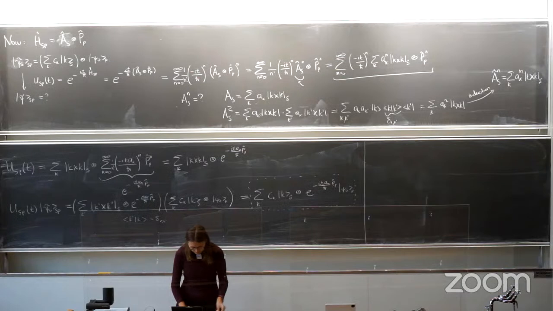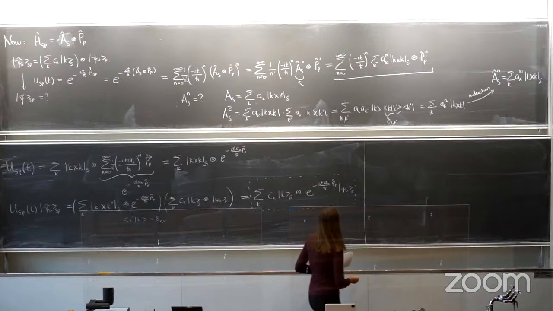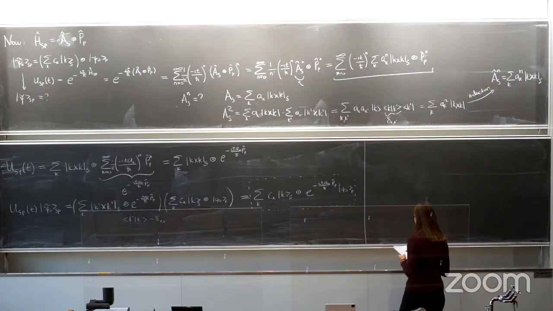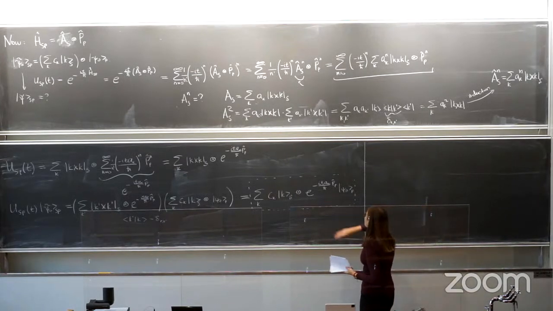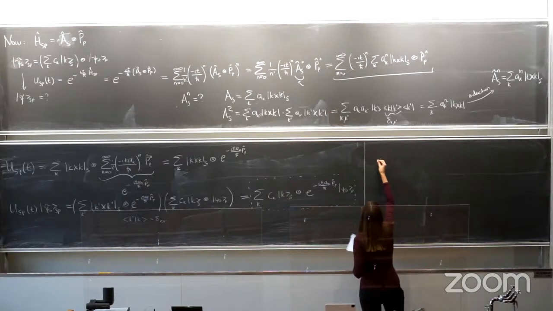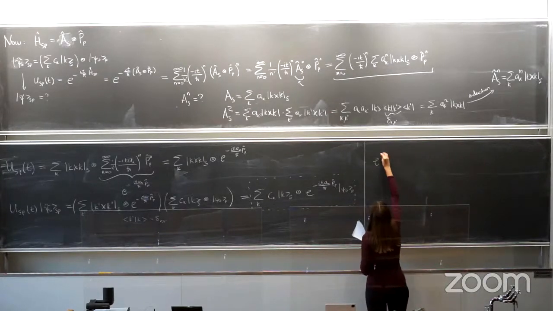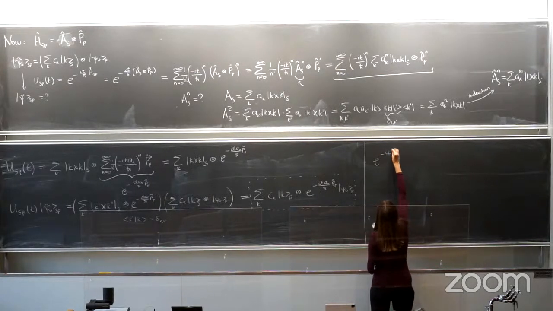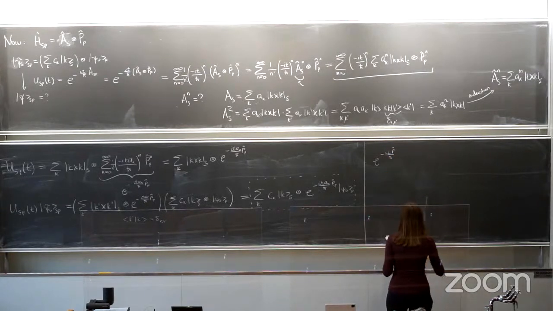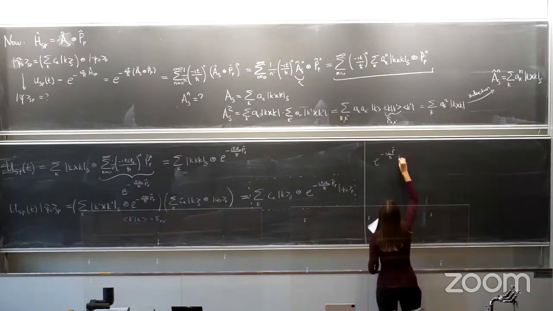Okay, so indeed, let us write this down in our memory, and now we will consider how this operator acts on the wave function. Let us take an operator which is e to the power minus i L P over h bar, and let's see how it acts on some wave function psi.